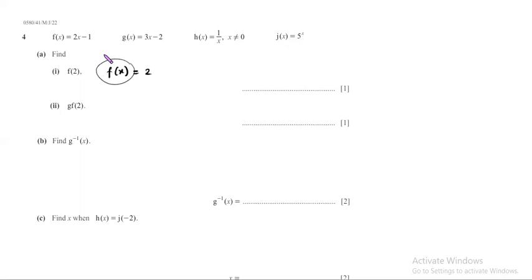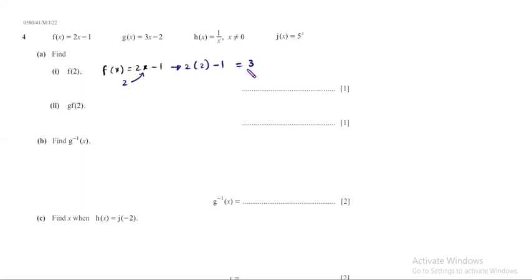Here, this 2 is the input, which means into the function f of x is equal to 2x minus 1, this x is replaced with this 2. That's the meaning of f of 2. That means this is the same as 2 times 2 minus 1, which is equal to 3.